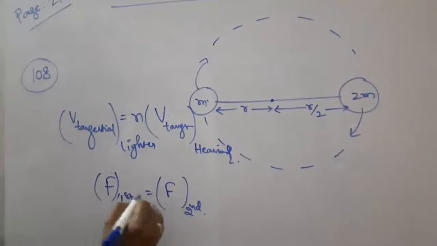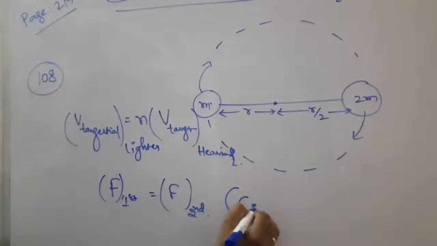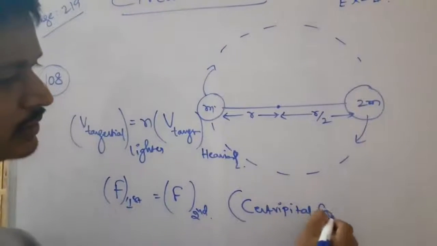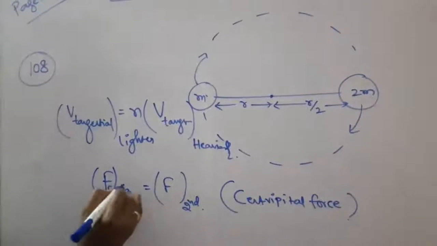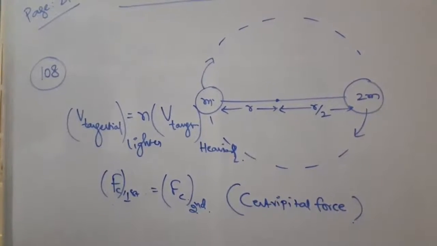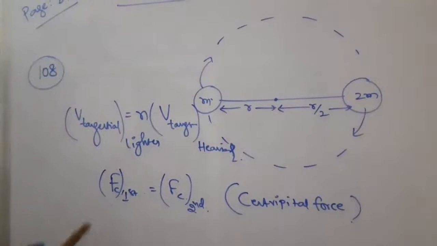Both of them are equal; the centripetal forces are balancing. Next, find the value of n.